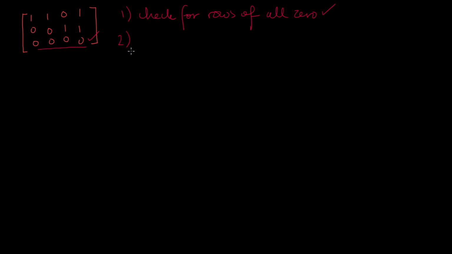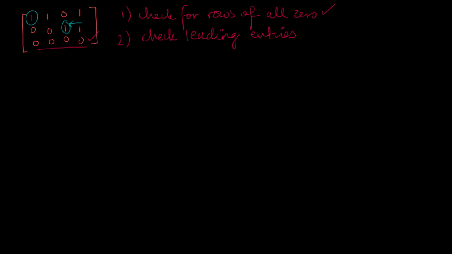2. Check leading entries. So what we're going to do is circle all our leading entries. Remember that leading entries are the leftmost non-zero element in a row. So in this row, this is the leftmost non-zero entry, and the bottom row has no leading entries because all of them are 0.